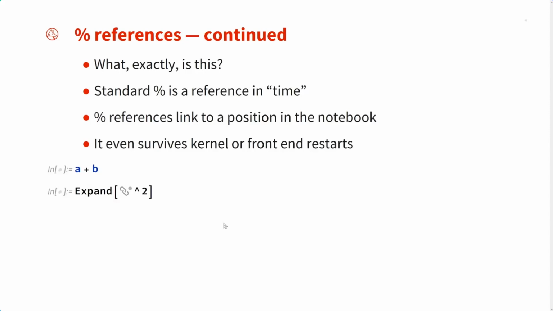So our thinking was, wouldn't it be nice if percent could reference a position in the notebook instead? If it could, then it could survive even when the kernel restarts, or maybe even when the front end restarts. And in fact, it does.